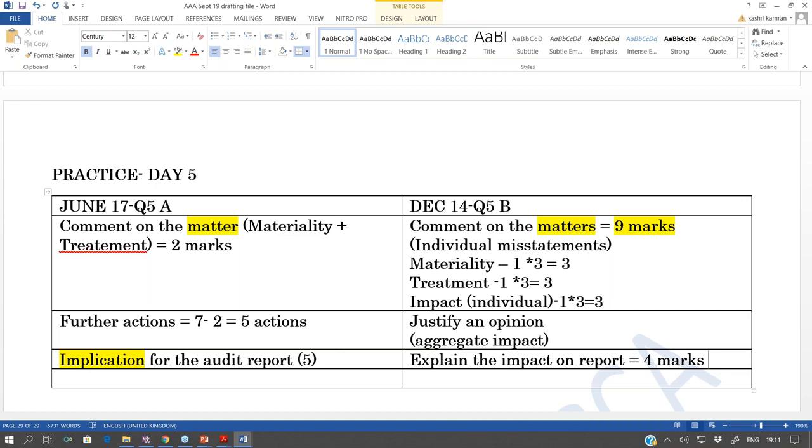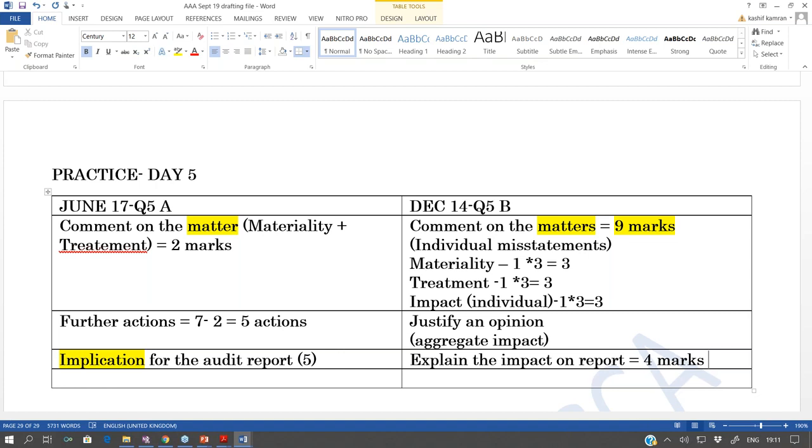Have you realized how you read and understand the requirements? If we just rush through the requirements, will we be getting good marks? So has everyone realized the importance of doing this planning? Can you do this planning in the exam paper for 3 to 4 minutes? Will this really help you?